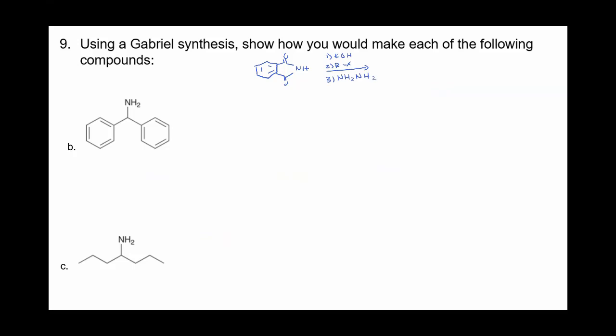To find what our alkyl halide is going to be, remember that this nitrogen right here is this one, and the R group is going to be the rest of it. So you can just take this whole thing as the R group. So R in our case equals this diphenyl with a Br there. So that's how you could do that.